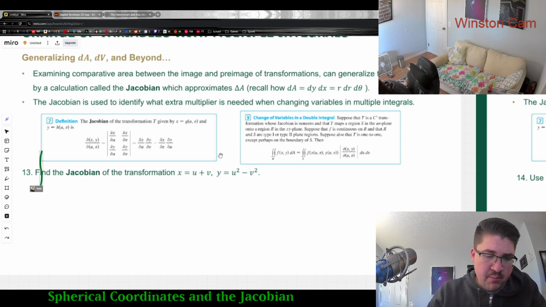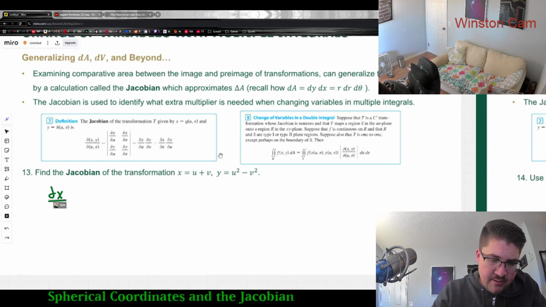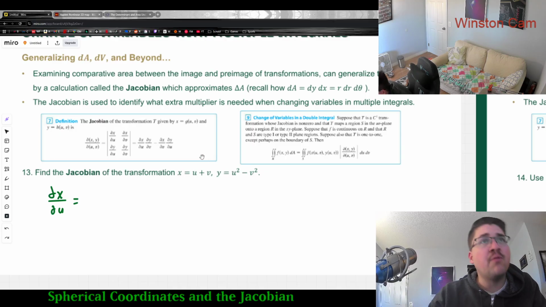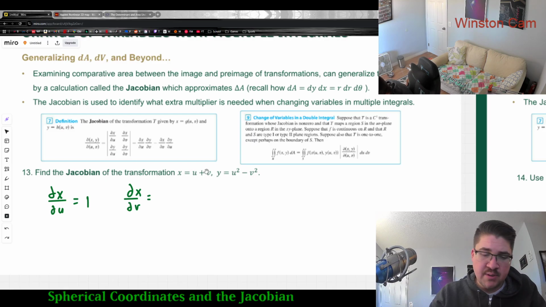We need to know, what is dx du? Looking at our x variable, differentiating partially with respect to u, treating v as a constant, we get 1 plus 0. So we're going to have 1 here. Not too bad. We can also do dx with respect to v. That's also going to be 1, treating u as a constant.